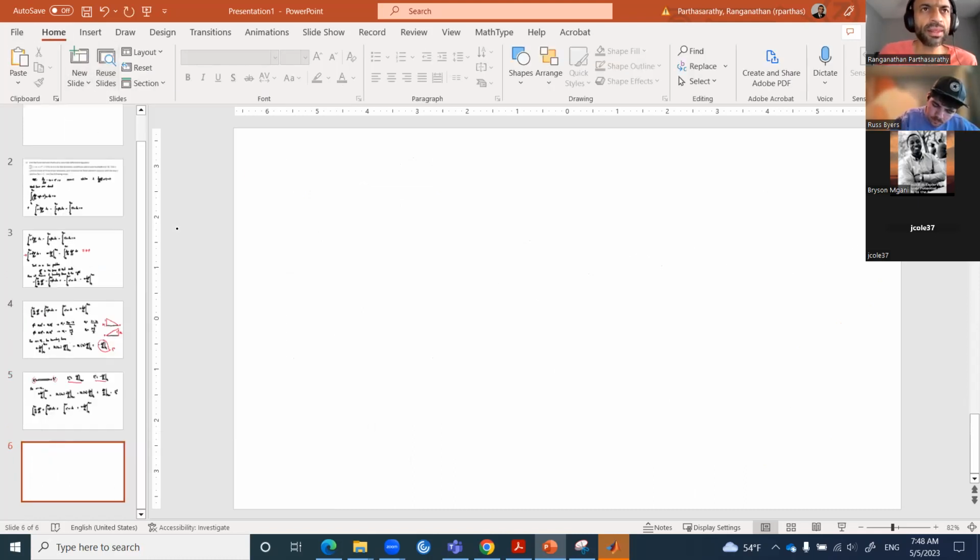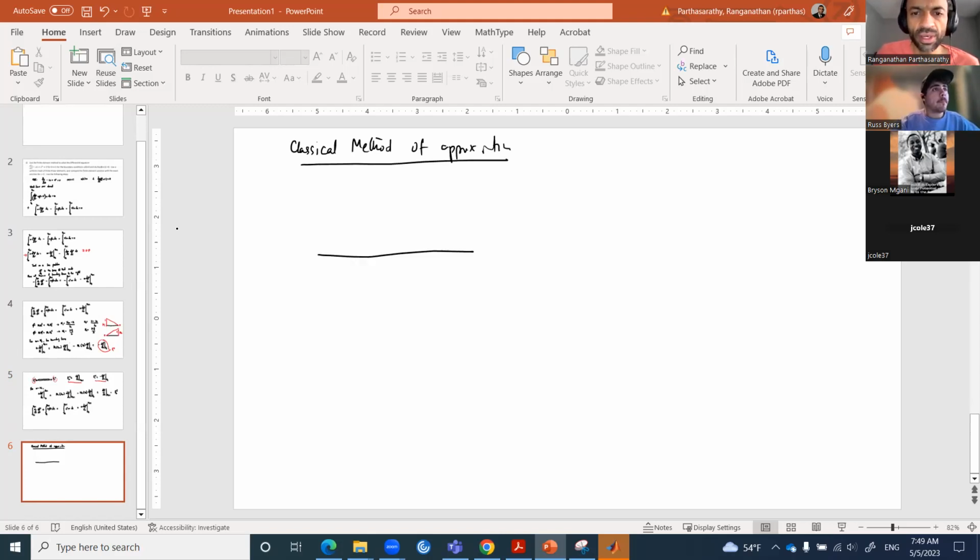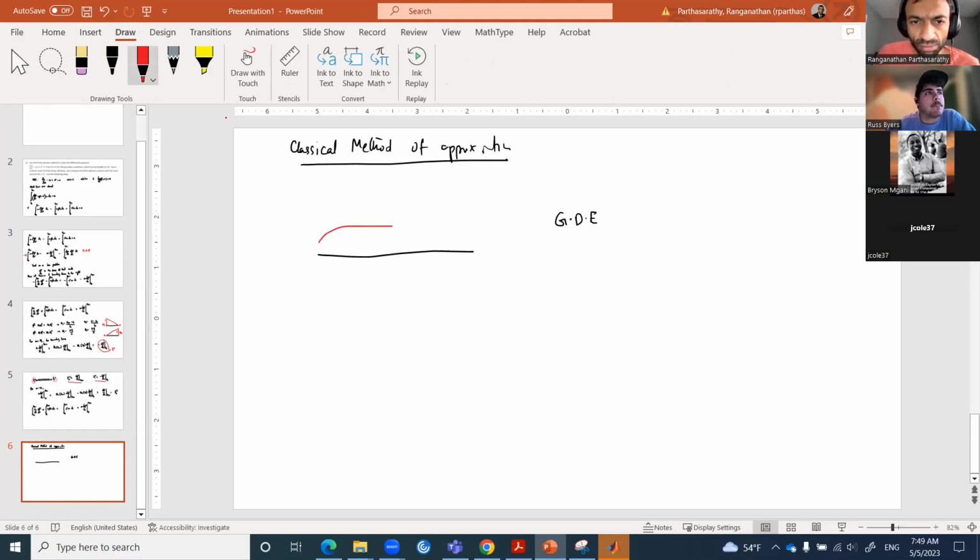if you remember in the classical method of approximation, the first method that we did, what we do is we have the domain of the problem and we have a governing differential equation to solve over this domain, and we don't know the true solution. So we just assume that there is some approximate solution.